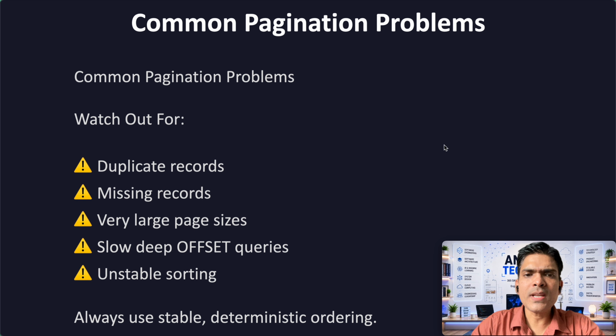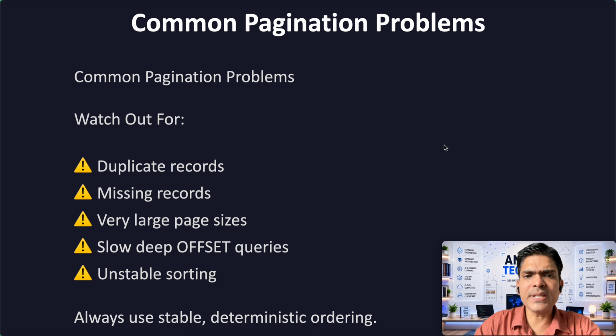But pagination also has some challenges. One common problem is getting duplicate records or missing records when the underlying data changes between requests. Another problem is allowing the client to request an extremely large page size. For example, if the API allows a client to request 1 million records in a single request, we have defeated the whole purpose of pagination.